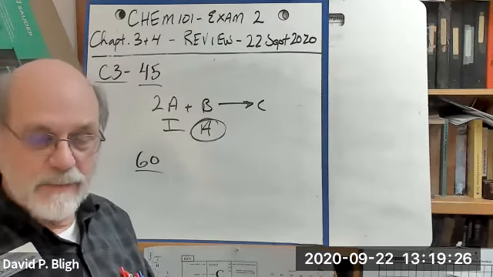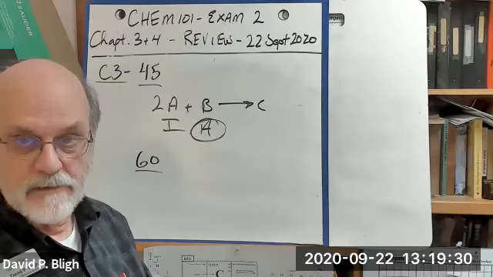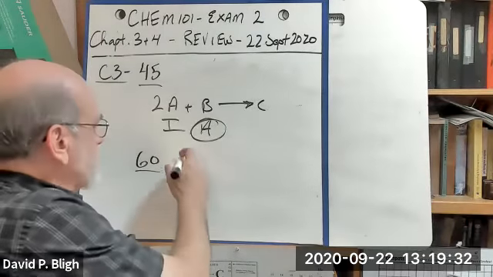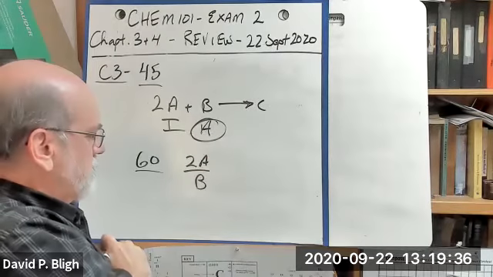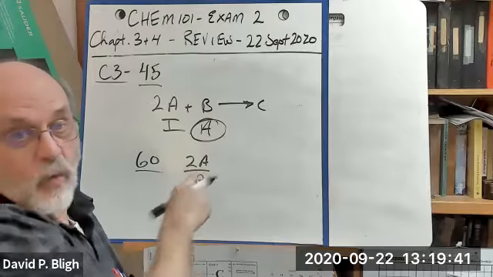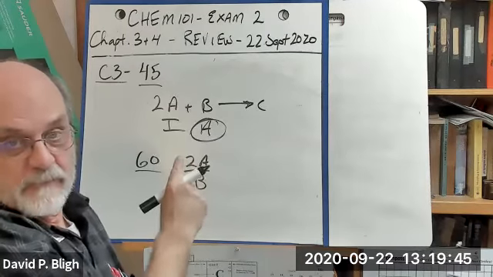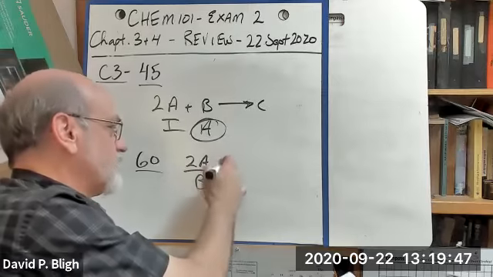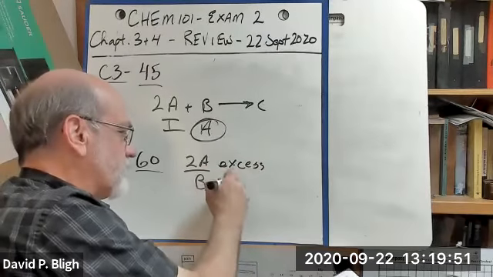If B is the limiting reactant, that means A must be in excess. So if the ratio is 2 A's for every B, if you get a ratio that's in excess of 2 to 1, then that one satisfies because A is in excess and B is limiting.